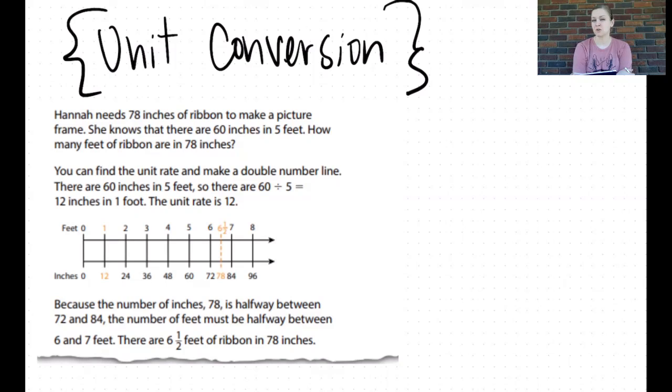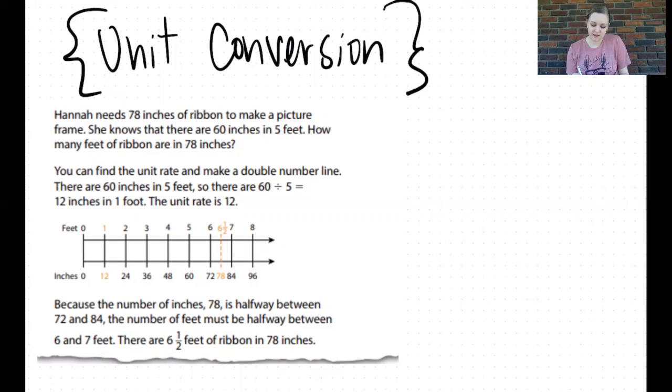So I'm going to show you two different ways. You can use a double number line. I know how much you love them and you remember them from module 1. A double number line is a really great way for you to see what's happening. What we see is that they showed that 60 inches are in 5 feet.